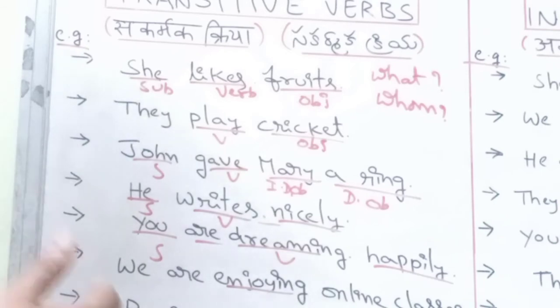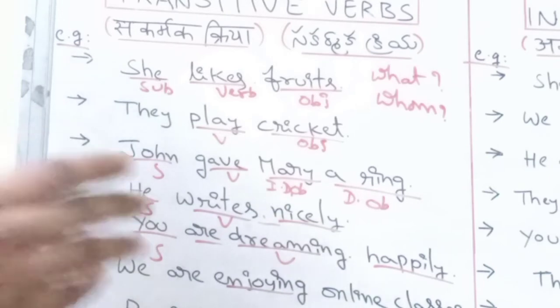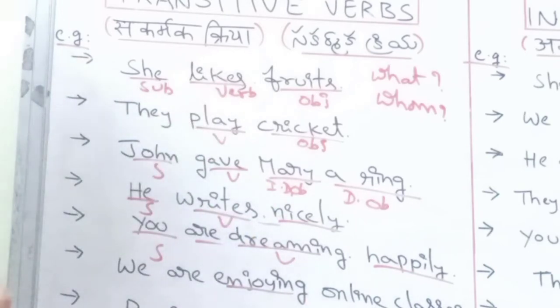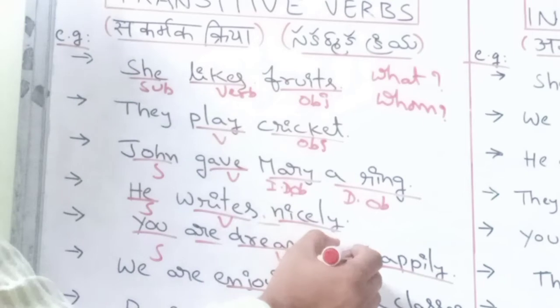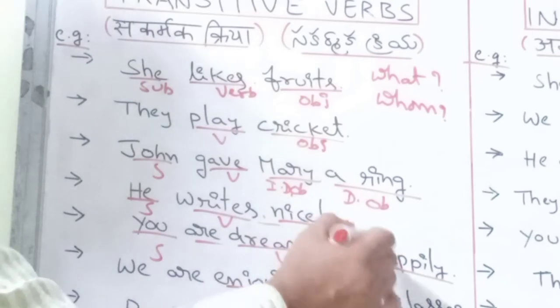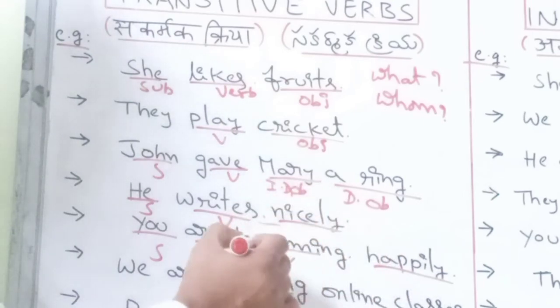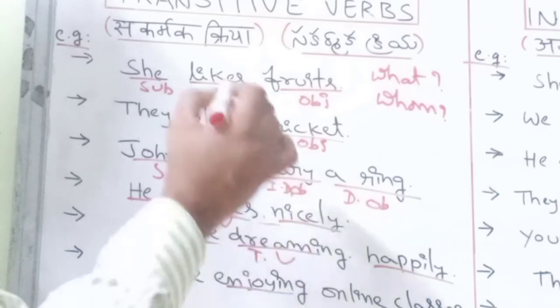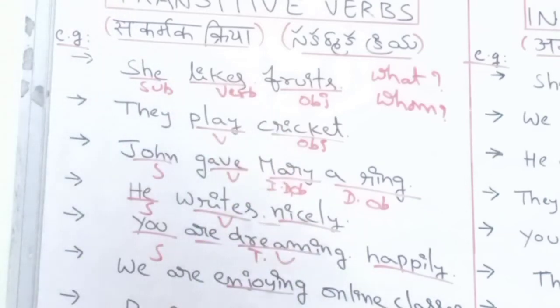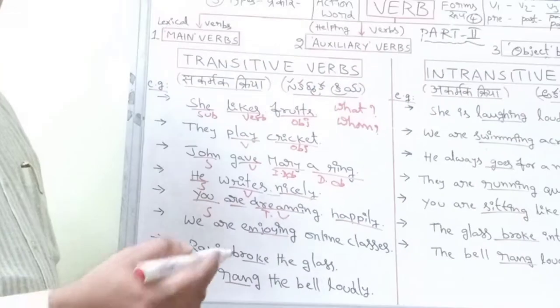You are dreaming your success. You are dreaming your future. You are dreaming your promotion. You are dreaming something or someone. So though the object is not written, it can be written. So this is also a transitive verb. Dreaming is a transitive verb, and happily is anyhow an adverb.